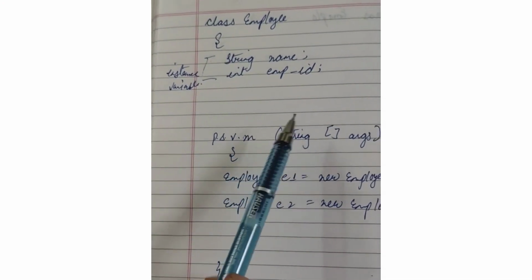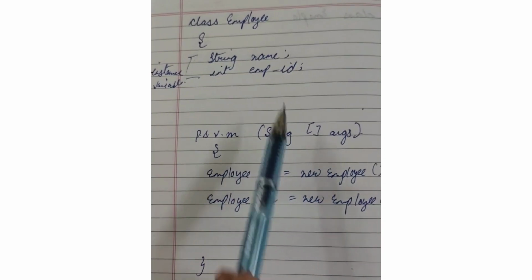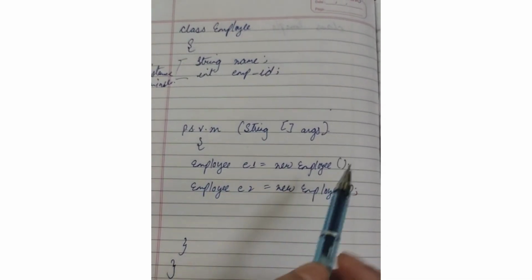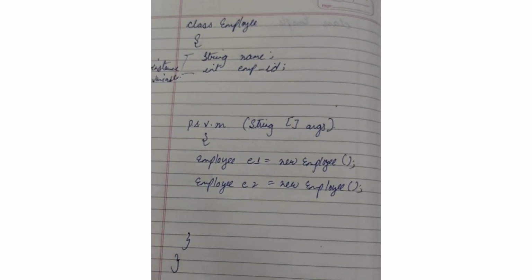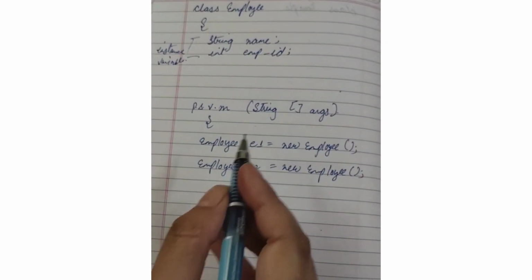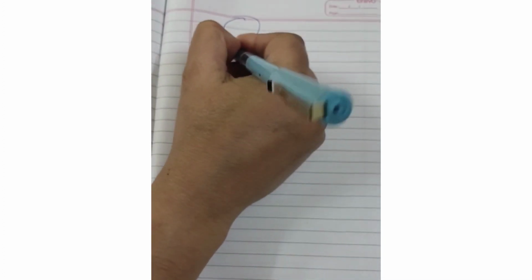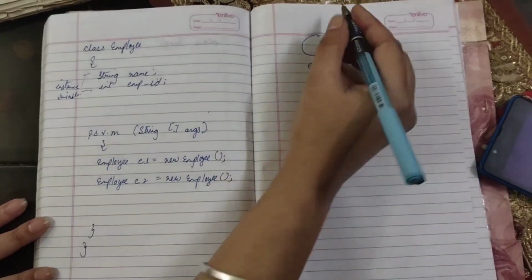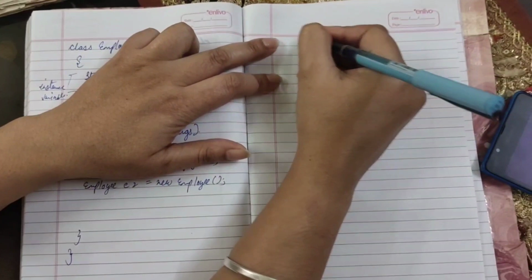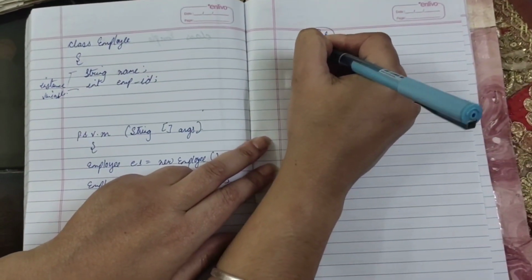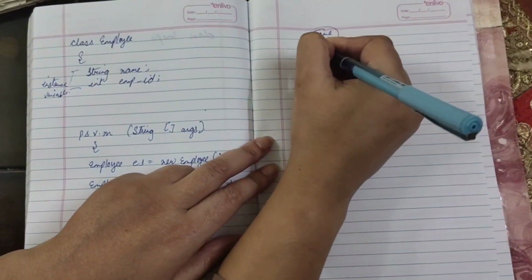So when I try to call the objects with the help of reference variable, then string name is empty here. So when we run this program, E1 is your object, and the employee object will display the name and then employee ID.